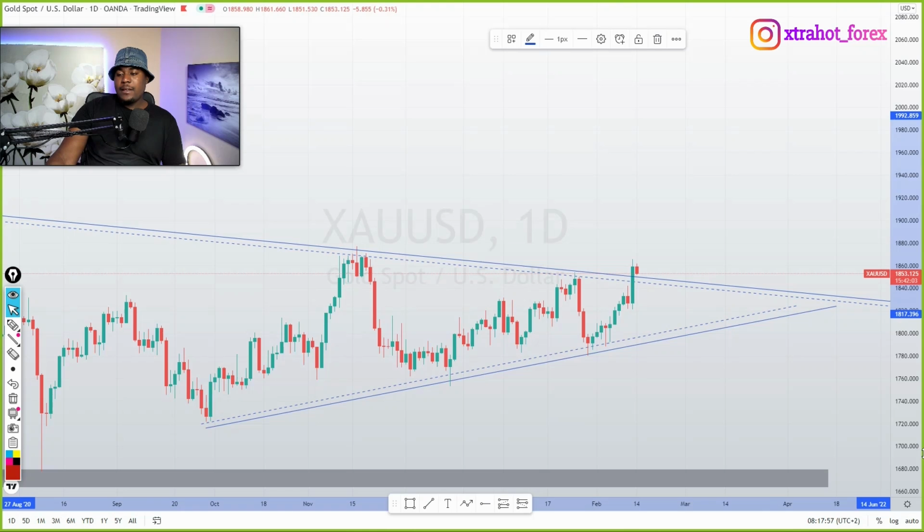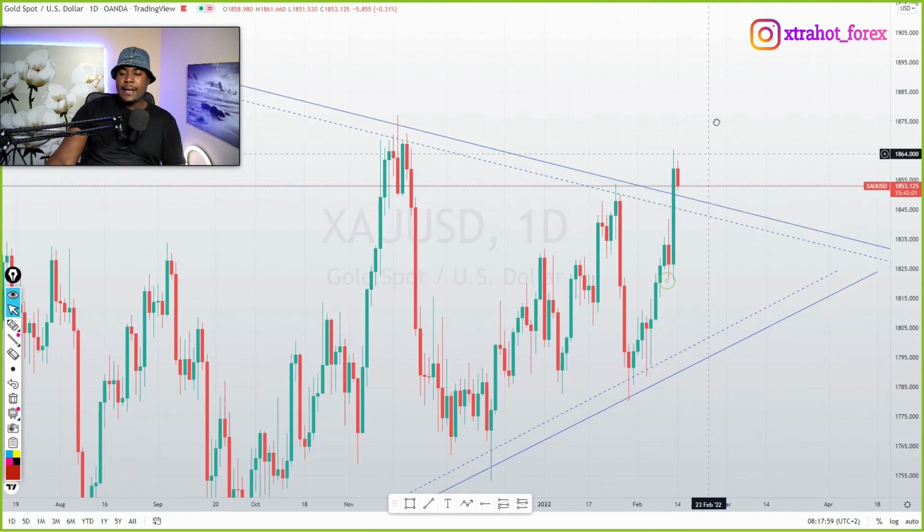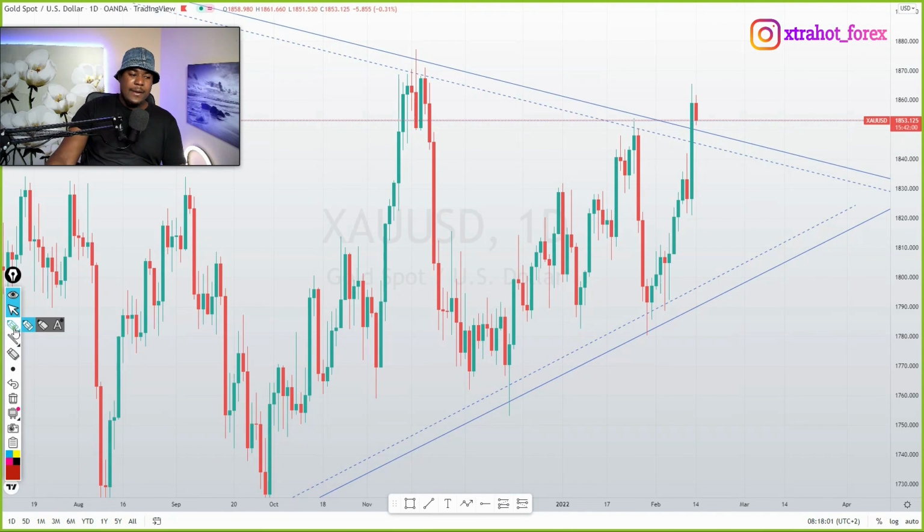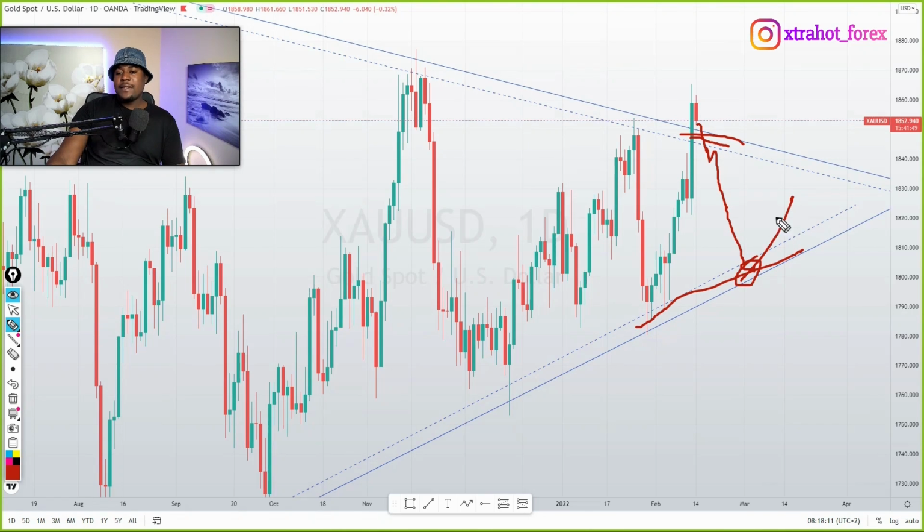But let's say the market comes back again and respects the previous resistance. It means the market will continue going lower, but we expect it to respect around these areas. But the best thing that we can do at the moment is to focus around this area. Why? Because I'm expecting a retest before pushing up.